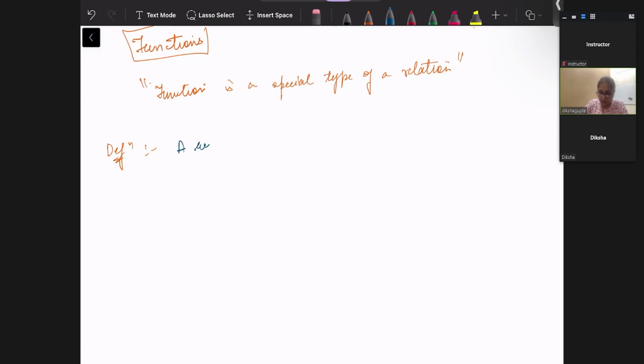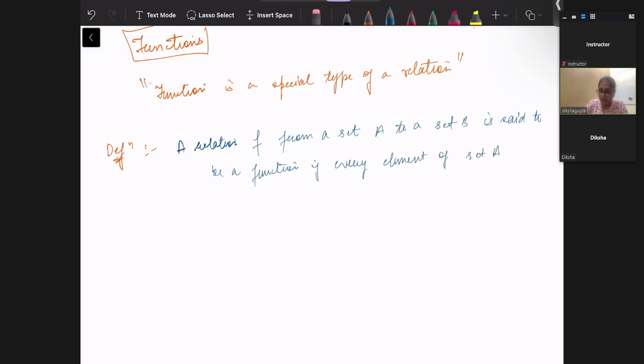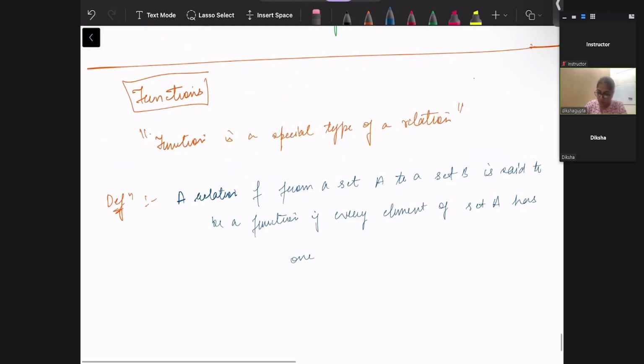That a relation f from a set A to a set B is said to be a function if every element of set A has only... Okay, I'm really sorry.